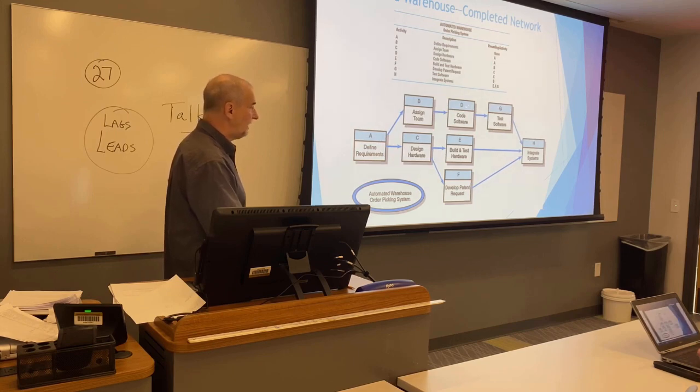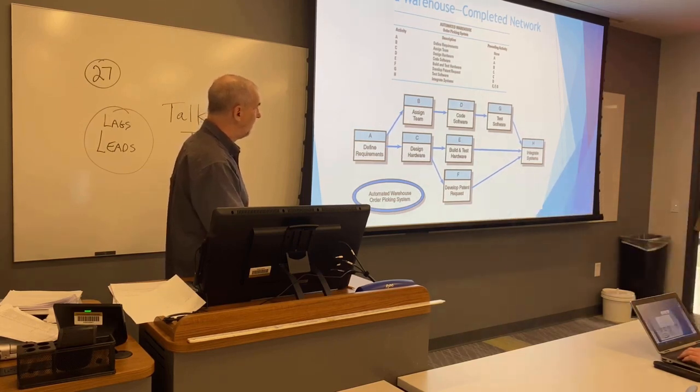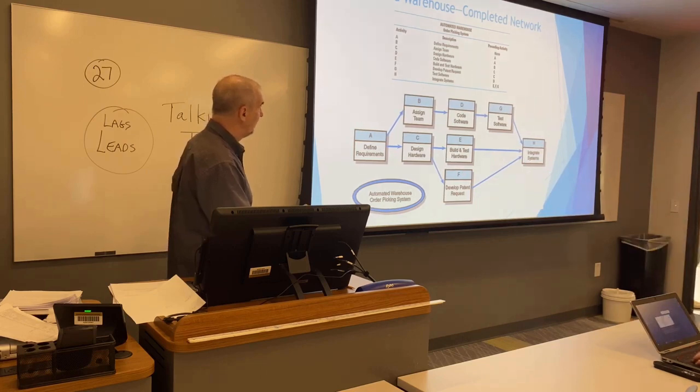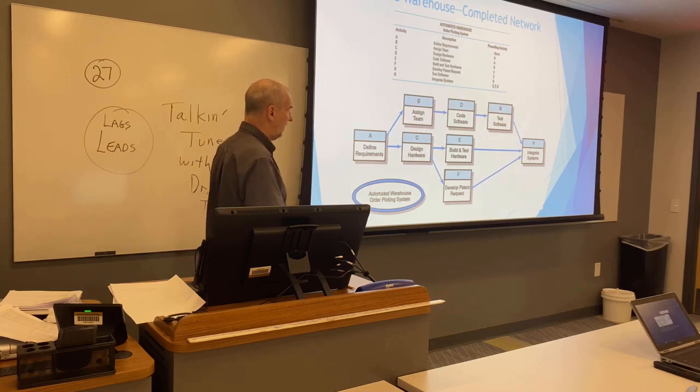And then D is dependent upon B. And E and F are dependent upon C, right? Here they are. And then you've got G dependent on D, and then H. Look at H: G, E, and F. You've got to merge here, don't you?